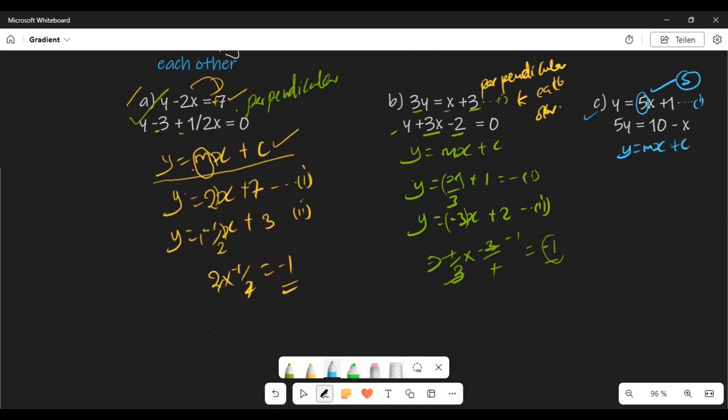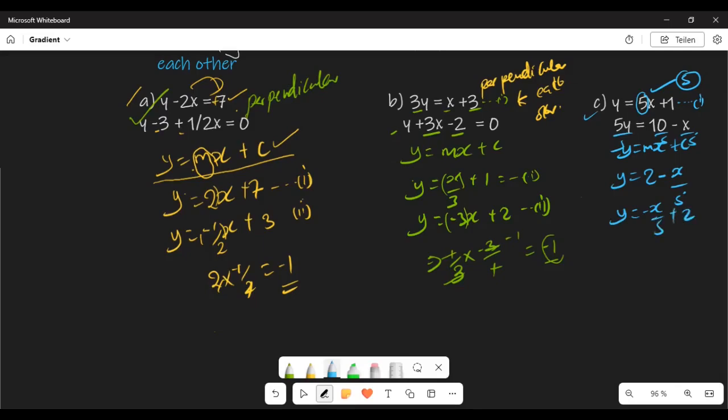But since we just want to follow the procedure step by step to make it easier for you to understand, we're going to divide everything by 5. So here y equals 10 divided by 5, which is 2, minus x over 5. This can also be written as y equals minus x over 5 plus 2.